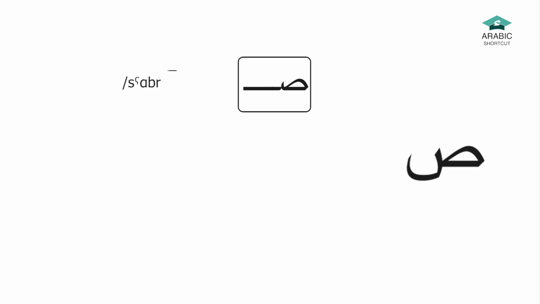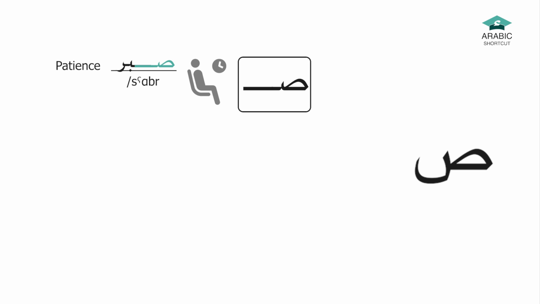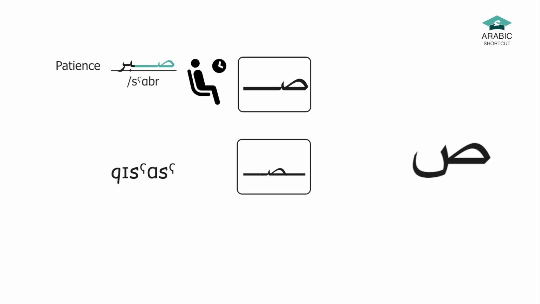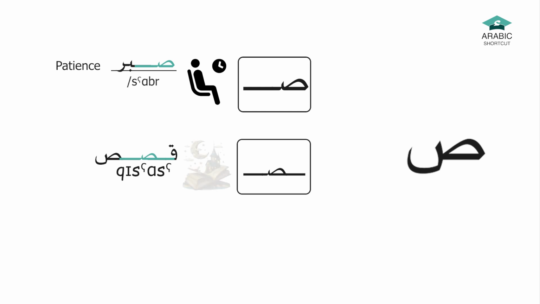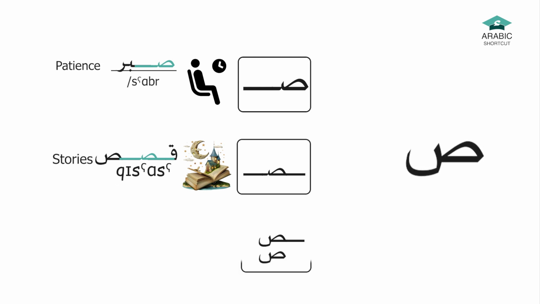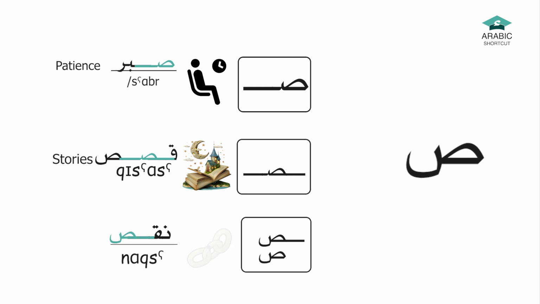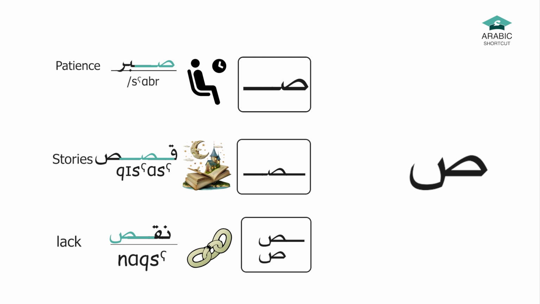Strong and connected. Sabr means patience, pronounced with a strong emphatic S sound. Qisas means stories. Naqs means lack.